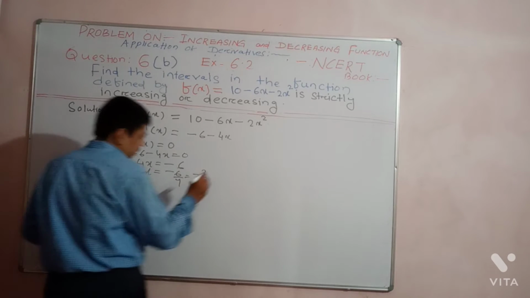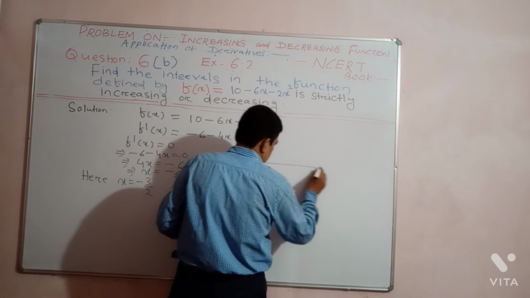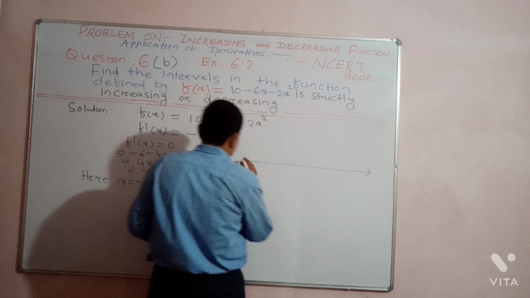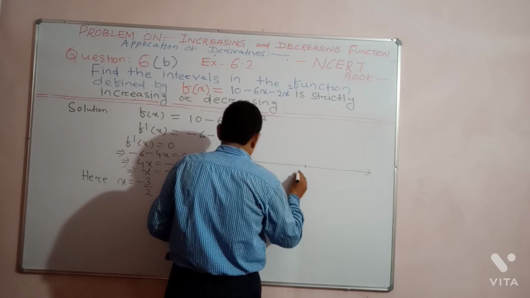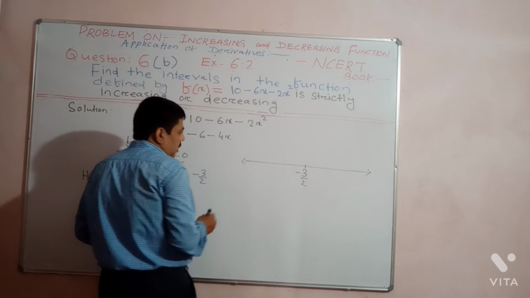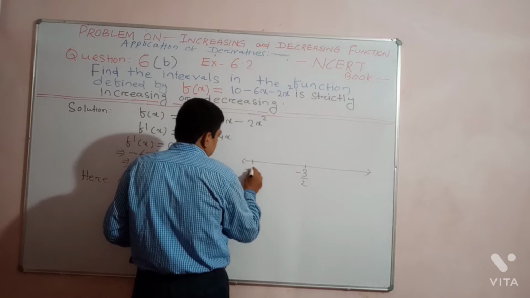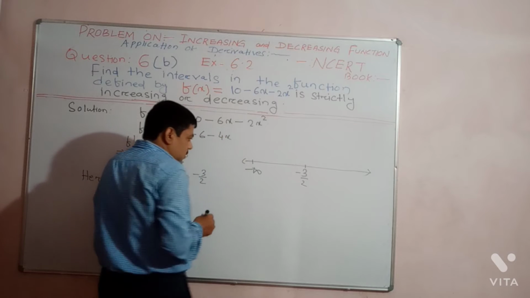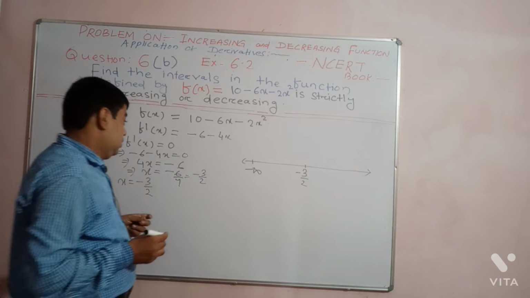This divides the real number line into two disjoint intervals, around -3/2.